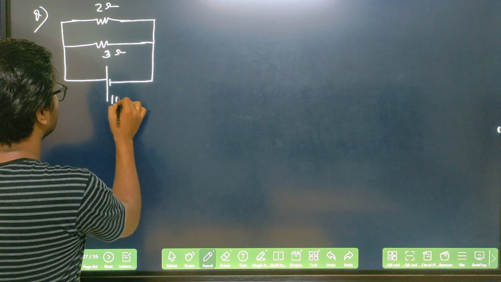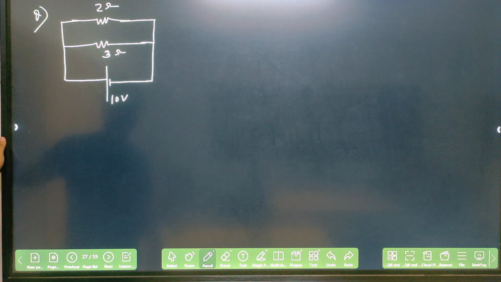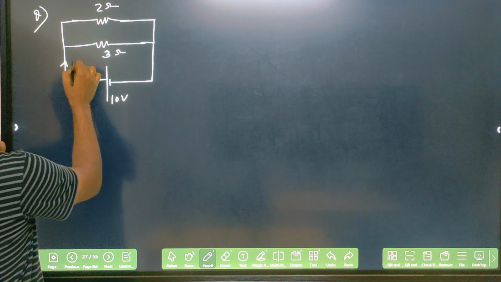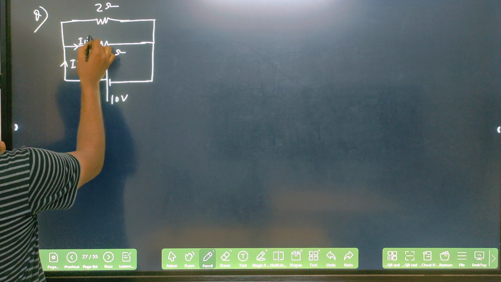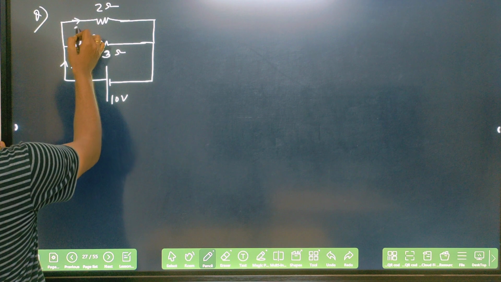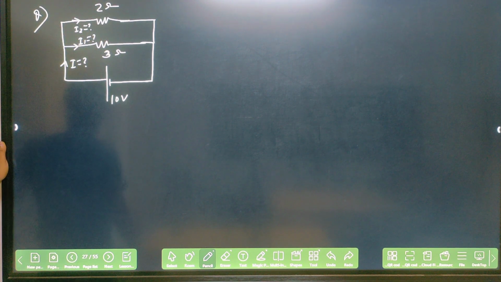Let's say I am putting 10 volt here again. Can you find out the current here? Find out I, find out I1, find out I2. All these values you have to find out, right?